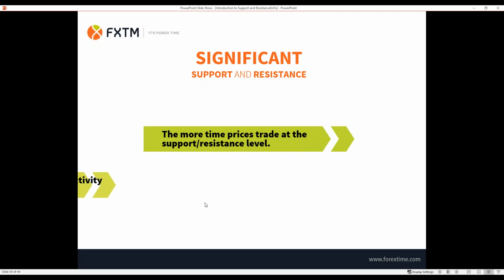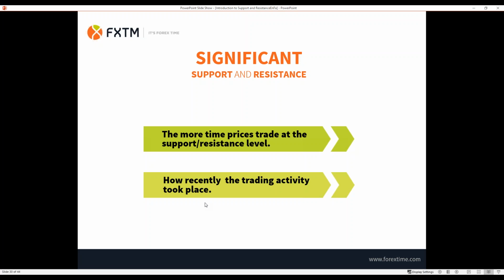And then how recently did prices touch this support or resistance? Today, 1 hour ago, last 2 days, or 1 year ago? It makes a huge difference. Is it today, yesterday, 5 minutes ago, or 1 year ago? So the more recent the activity, the more significant the support and resistance is.